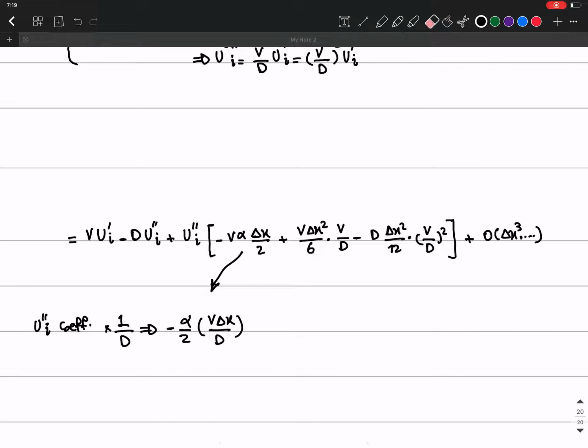Then I have the second term, which is going to be 1 over 6 v delta x over d square. And then I'm going to have the third term, which is going to be 1 over 12 v delta x over d square, and this is from here.